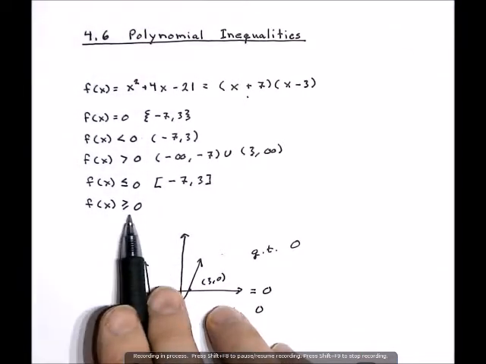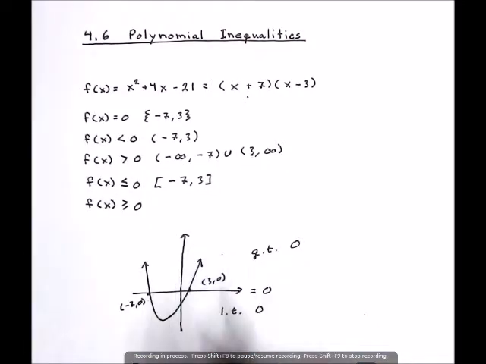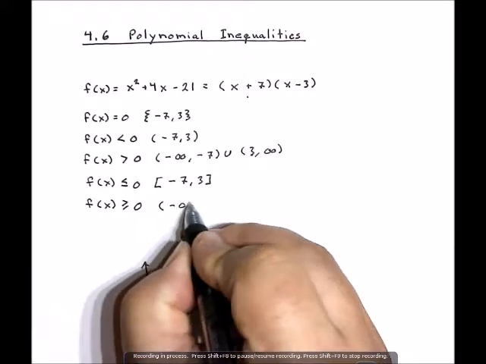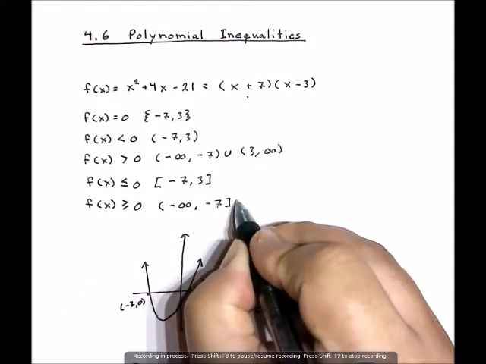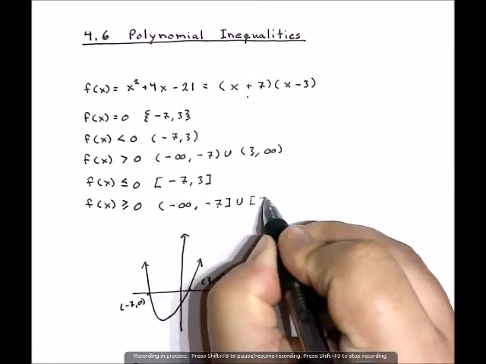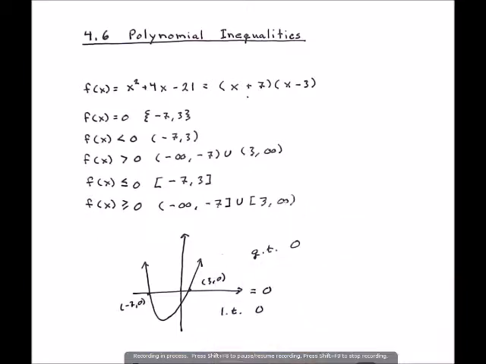Likewise, this is going to be the same as this, but now I'm including the negative 7 and the 3. Negative infinities always get open brackets, so do positive infinities. But I'm including the negative 7 and 3, so I indicate that by the closed brackets.